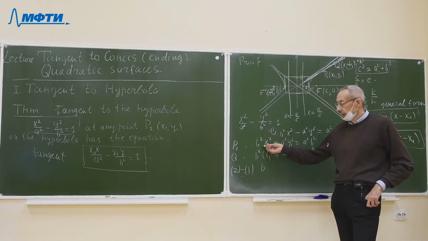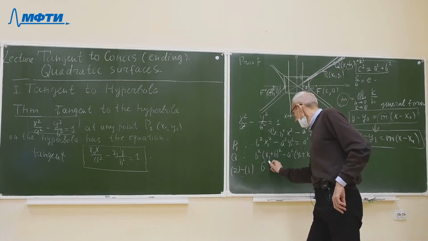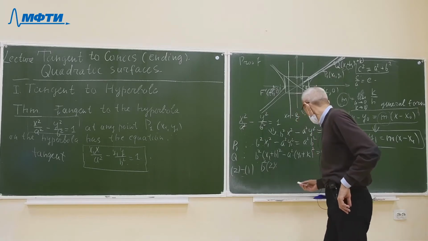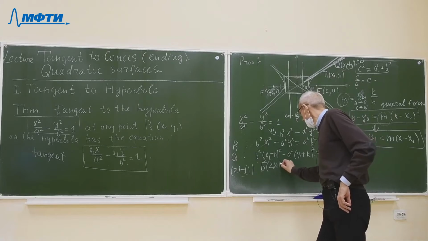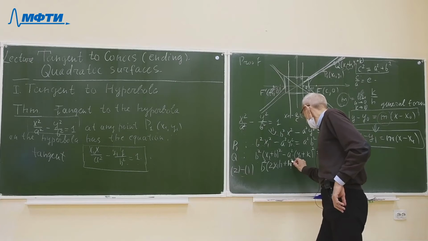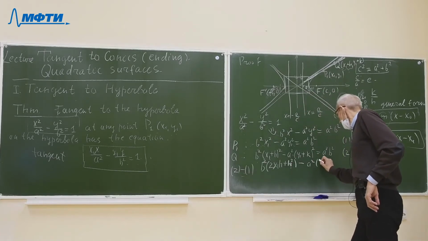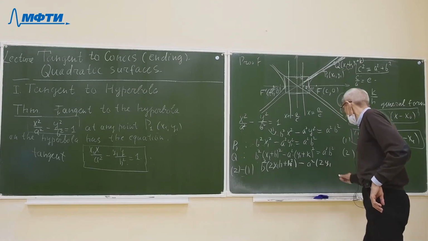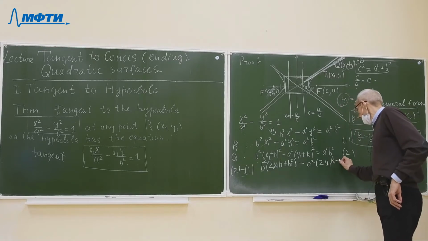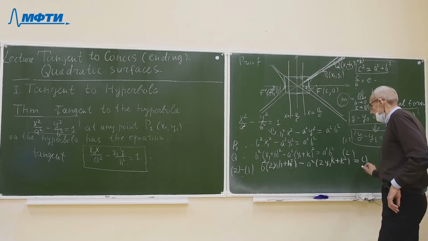In this case, the squares of the first terms cancel, and the difference is equal to b square times 2x1 h plus h square, minus a square times 2y1 k plus k square, is equal to 0.